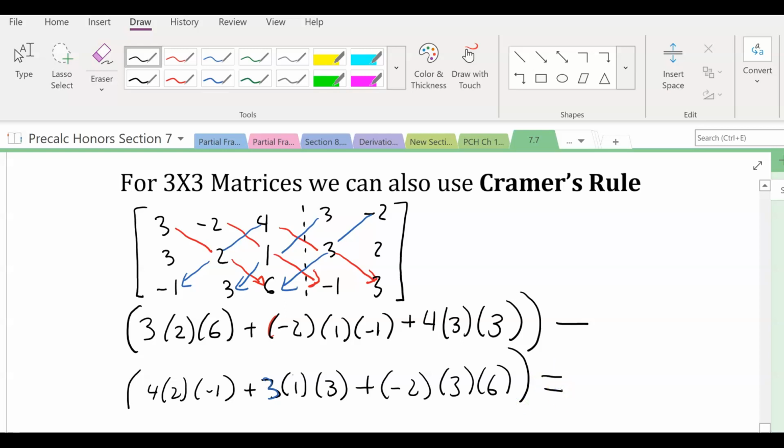And if we calculate that, we will also get 109.